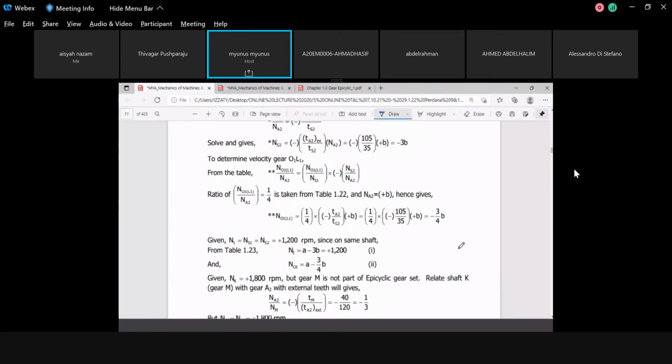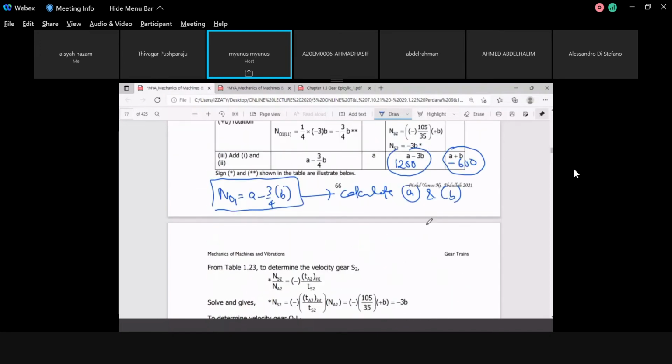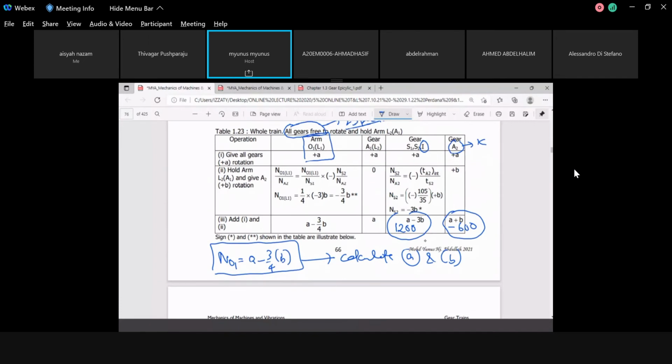What you have now is two speeds, so you have two equations. One is Ni equal to 1200 equal to A minus 3B.